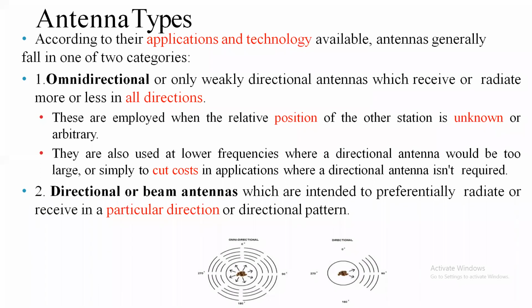These omnidirectional antennas are used when the position of other stations is not known, and the position of the other stations is not exactly known.